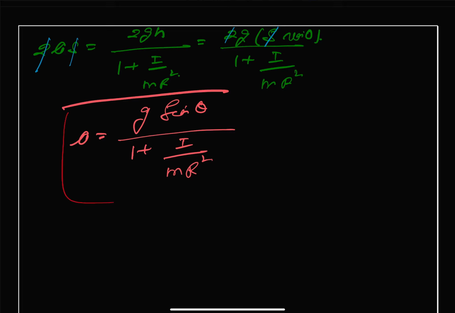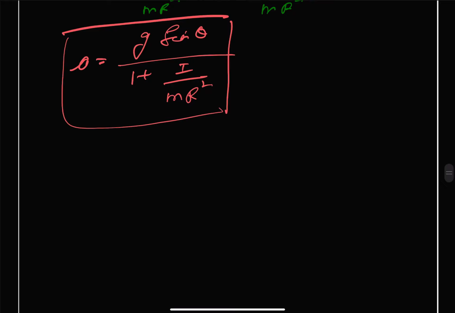You can just remember this formula, or we can derive it also. Everything will depend upon this I, because theta is fixed, g is fixed, m and r are the same. So we have to find out this particular ratio.